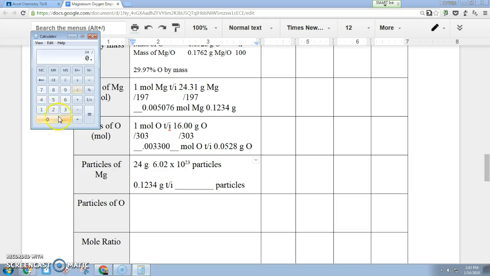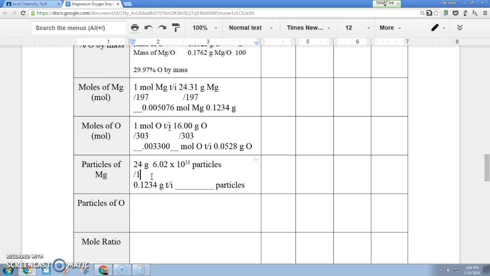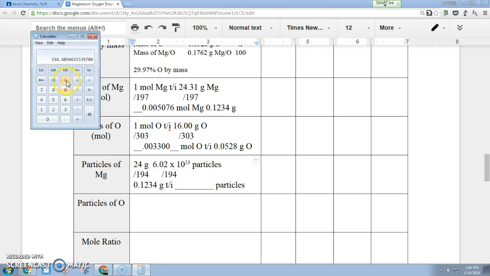24 divided by 0.1234 is 194. So divided by 194, divided by 194. And if I do 6, let's see, does this thing do scientific notation? No. So I'm going to just make this 602 and take out 2 powers of 10, just because of this weird computer calculator.